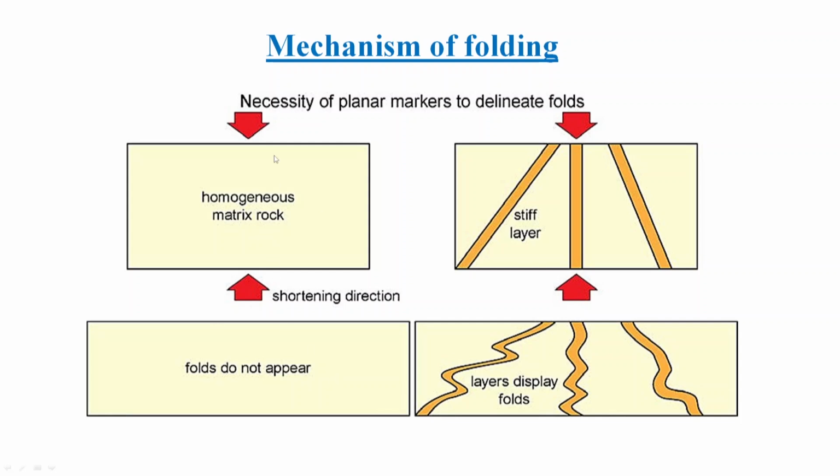So these are the two examples where you have a homogeneous rock, you are shortening it, no folds will form in that. But if you have a rock which is not homogeneous, that is heterogeneous, there are some layers in it, then after shortening or after applying some stress, these layers might get folded like this.